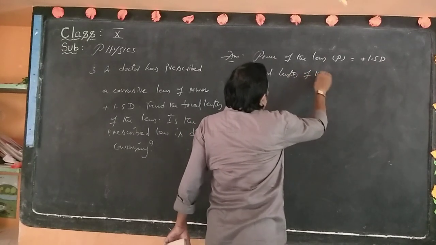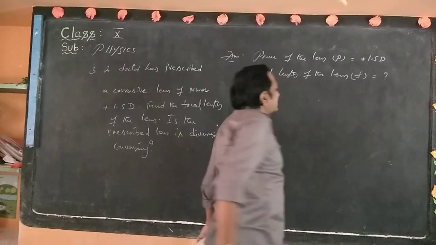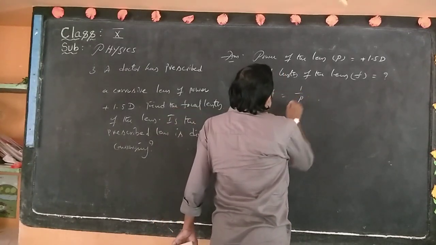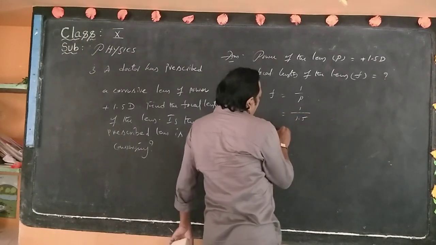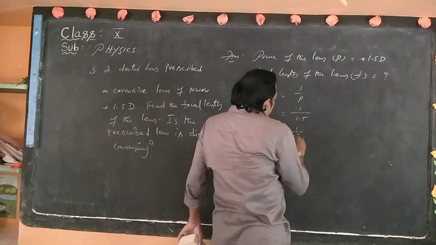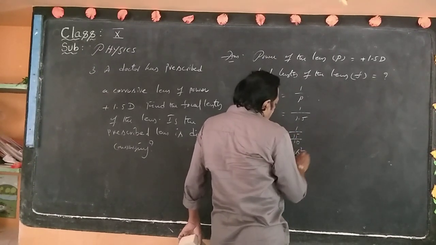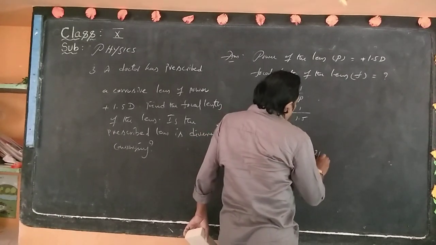Now the focal length of the lens, F is equal to how much? F is equal to 1 by P, that is equal to 1 by 1.5. To remove the decimal, 10 by 15, which is 2 by 3.